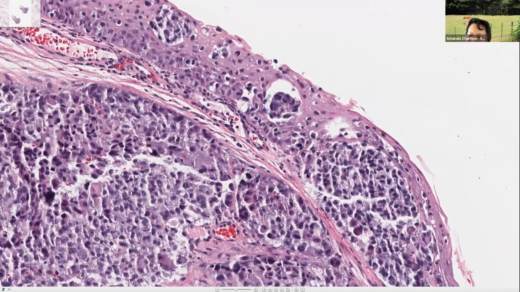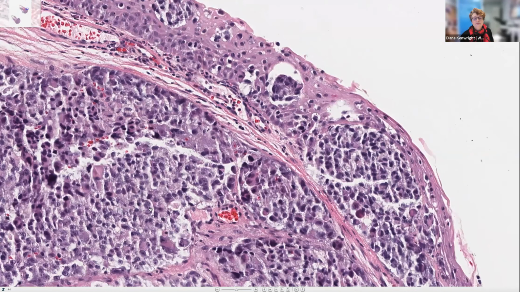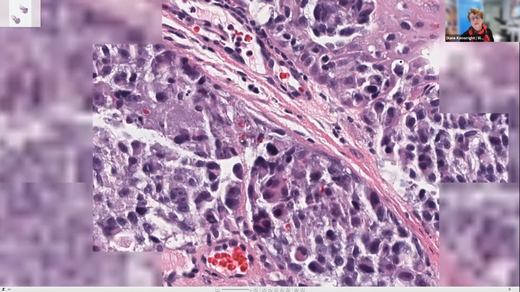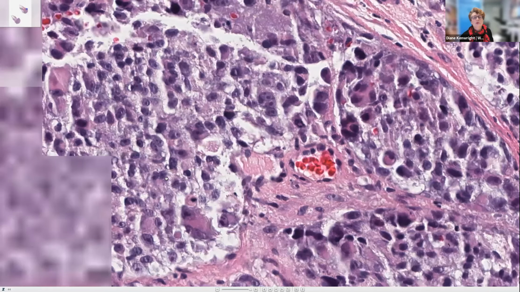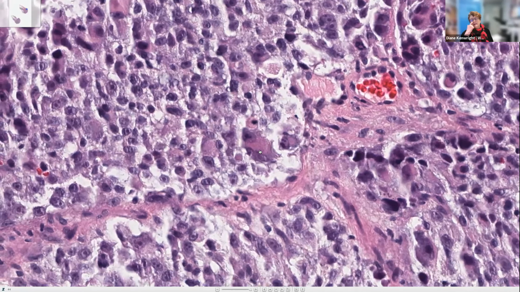And then when I look at these cells on higher power, they do have the really, really big nucleoli, don't they? Here we have nucleoli, and this looks like a really terrible cell. So this falls into that super sized cytoplasm and nuclei.